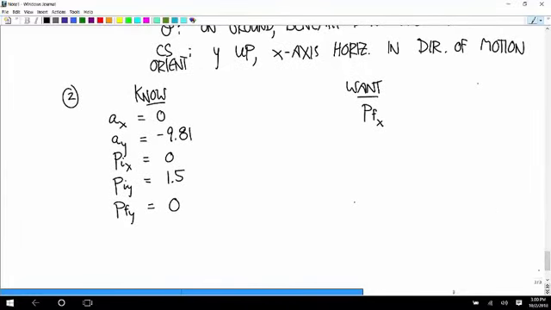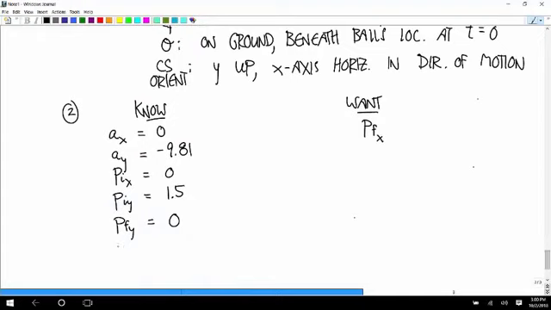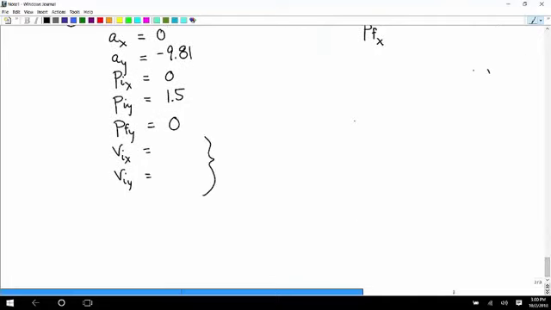Do we know anything about the initial velocity? Yes, that's where we're going to use the 25-degree angle and the 40 meters per second. So vix and viy both come from the way we did those vector homework problems. We have a vector, if we put its tail at the origin, with a length of 40, and this angle is 25 degrees.